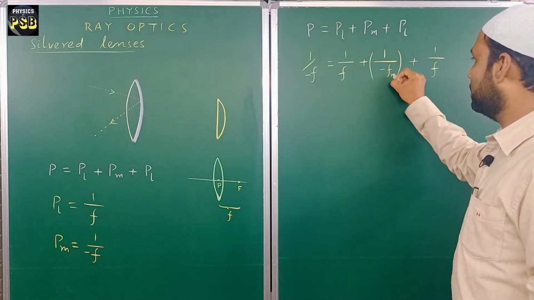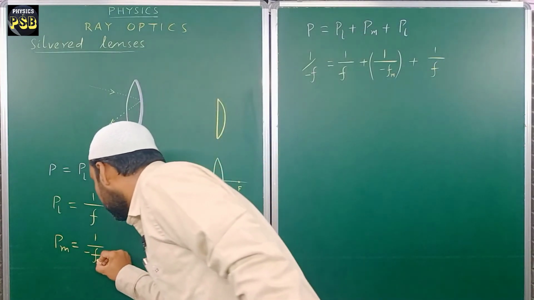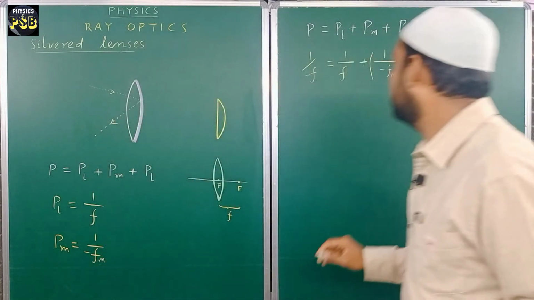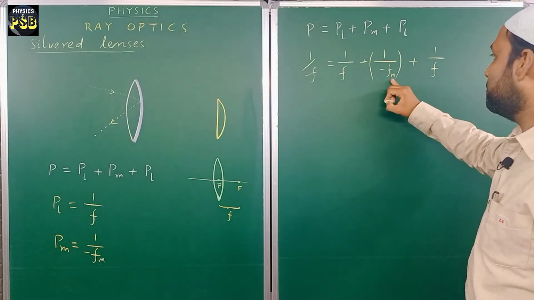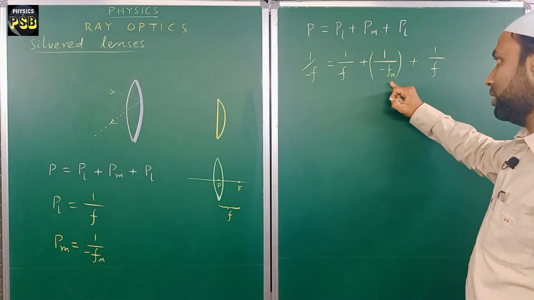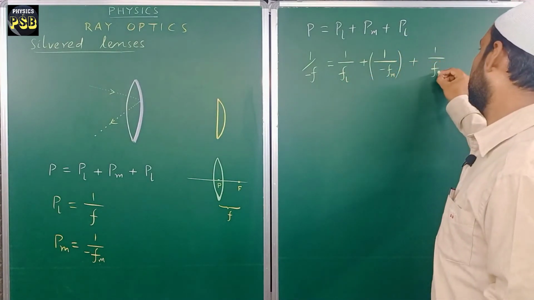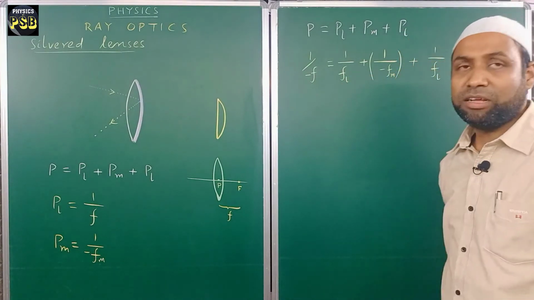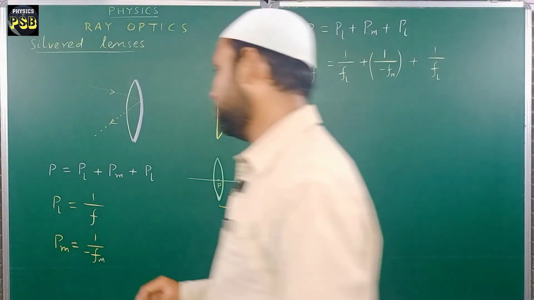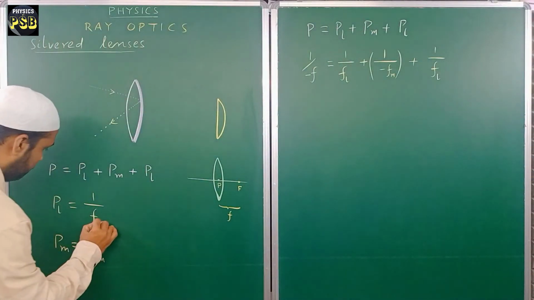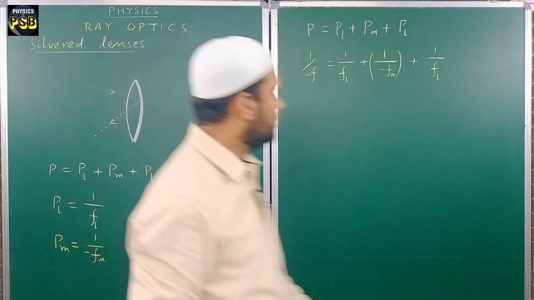Here I use M just to show the difference, that it represents the focal length of the mirror. And here I use FL to show that it represents the focal length of the given lens. So in the place of F I write L here to show the difference.